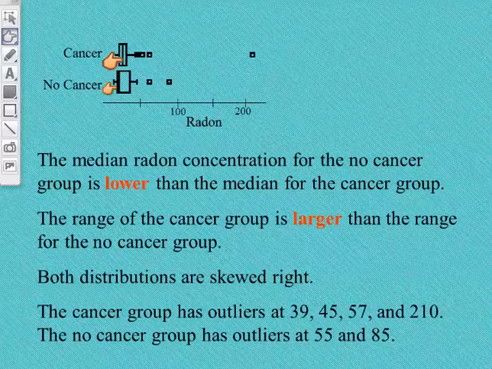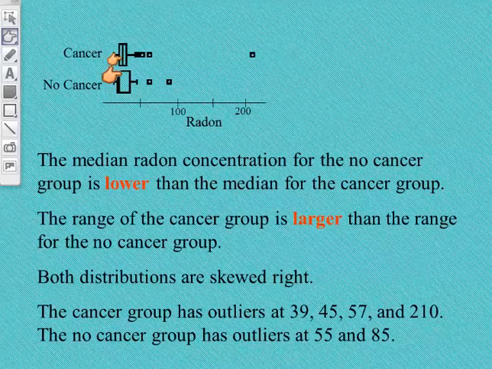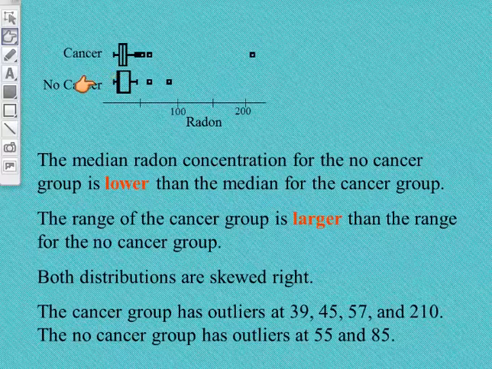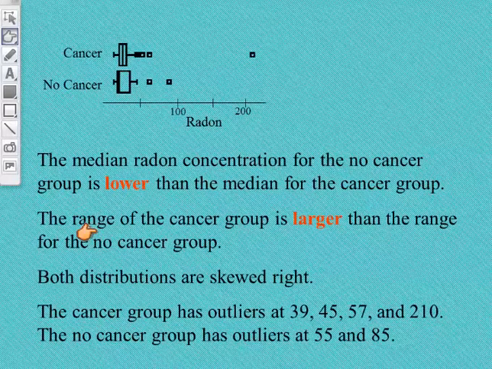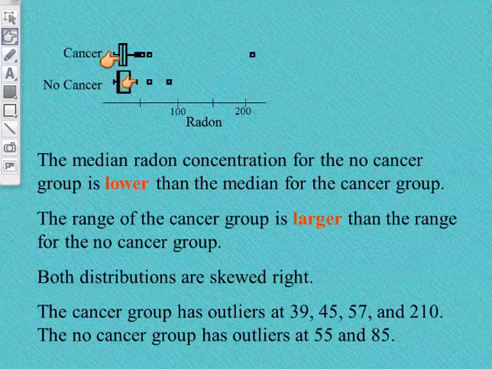But you can see it's lower than this one up here. So I can actually look at this and see my radon numbers are lower just by looking at these two box plots. Okay? The range of the cancer group is larger than the range of the non-cancer group. Well, yeah, I can see that. I mean, from here to there, compared from here to there.